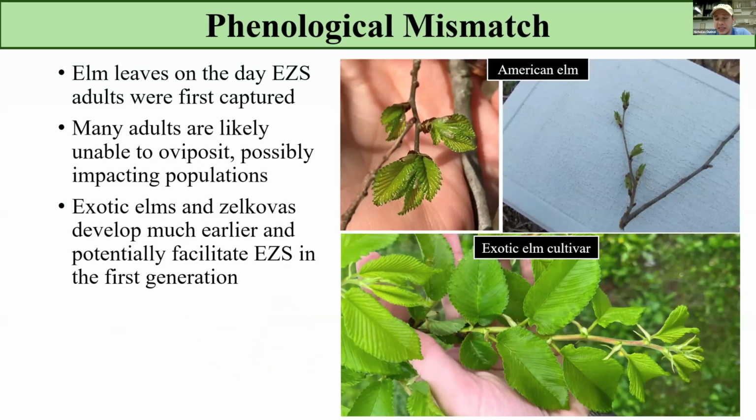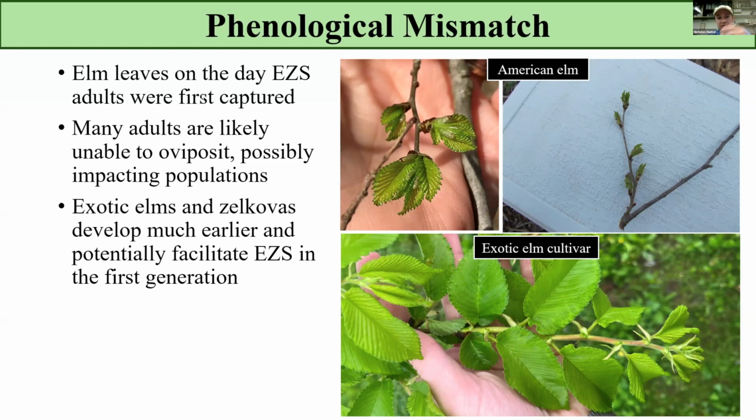Something else we've seen in North America, and potentially a reason why we're seeing more damage on our exotic species than our American species, is this phenological mismatch. Essentially, EZS adults of the overwintering generation are flying right when the buds break on elm.